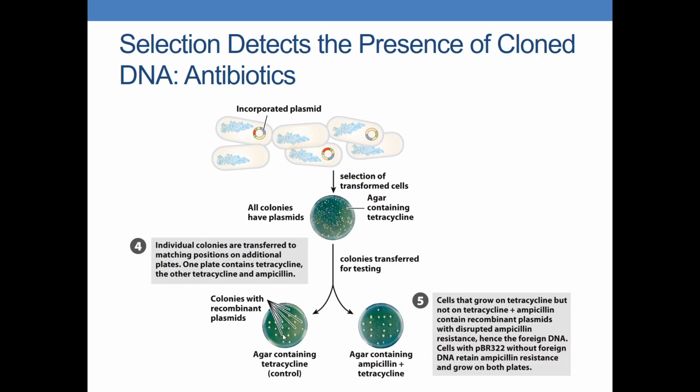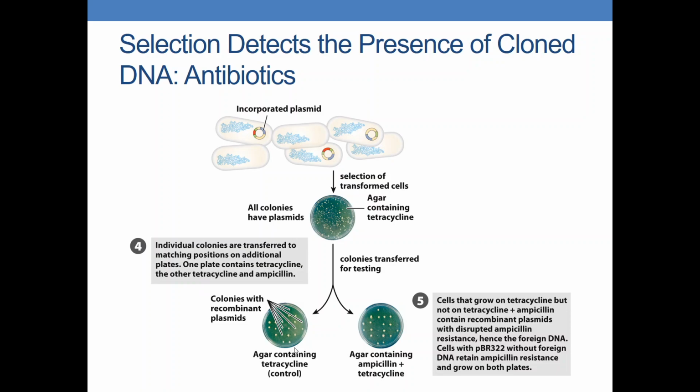So that tells me I have a colony that contains my plasmid with gene inserted into the middle of the ampicillin resistance cassette. You'll see other cases where, like here for example, you see a colony on both plates. This would be an example of a bacterial colony that only has vector. So the empty vector should confer both ampicillin and tetracycline resistance.